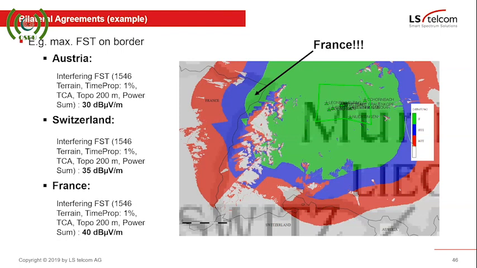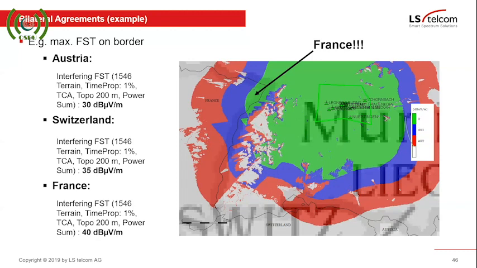I have another question. If there is no bilateral agreement, what is the level in this case? The level will be the existing level, as the stations appear on the database, with the recommended power sum or summation method, and they will see when they do the calculation what it should be.